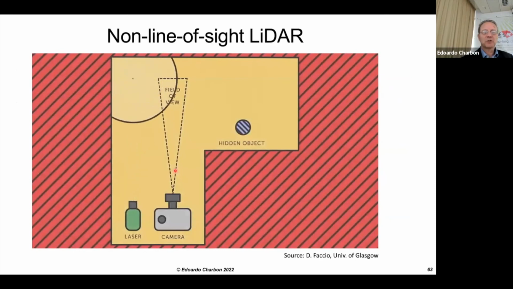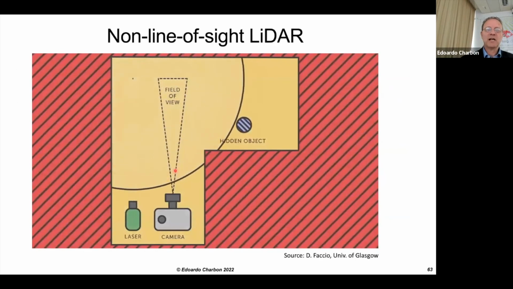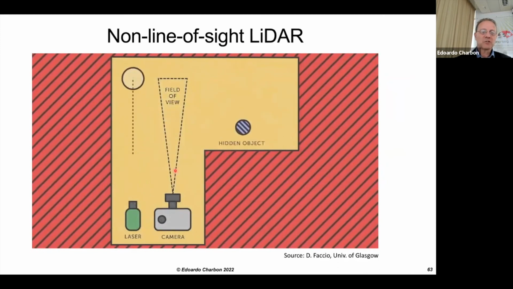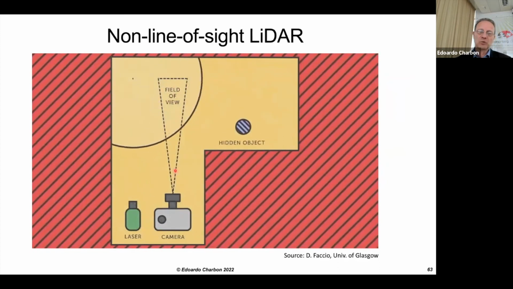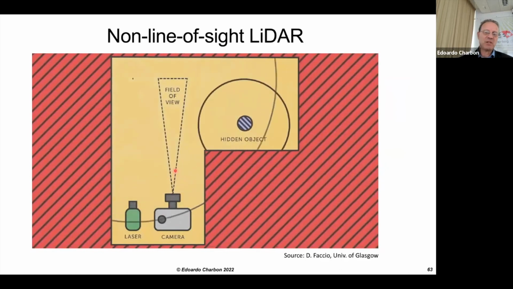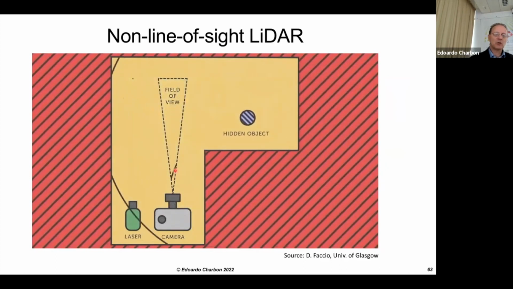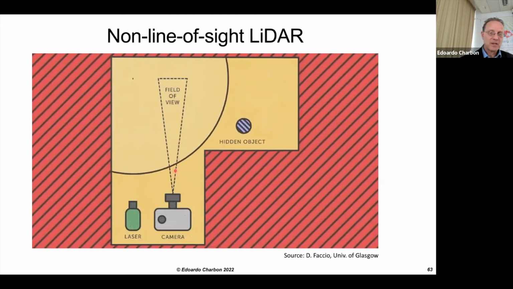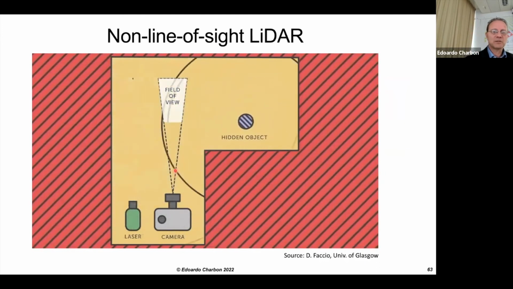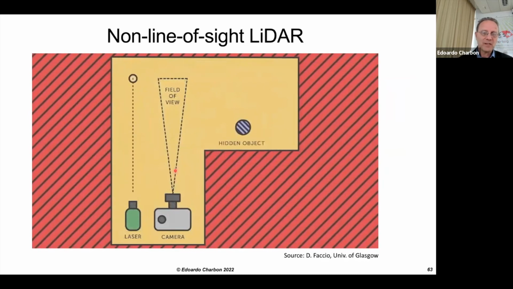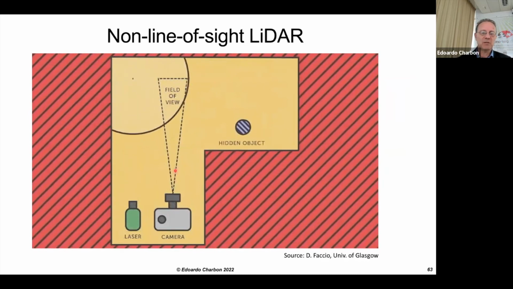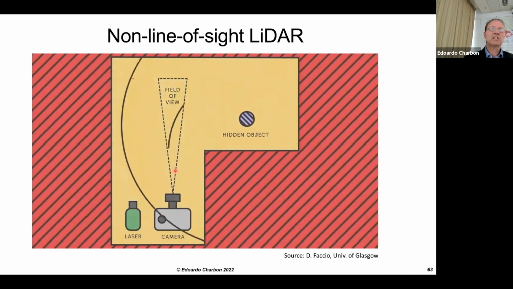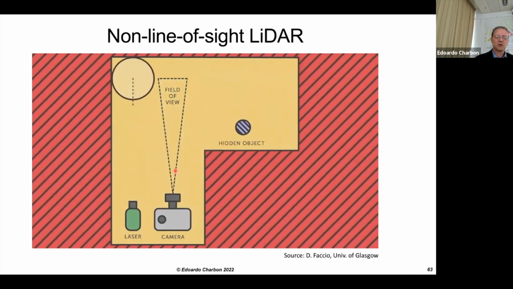Another application for which this quantum LiDAR approach could be very useful is the so-called non-line of sight. So suppose that you want to find objects that are behind a wall, and all you have at your disposal is a source that is reflected onto various walls. So you want to reconstruct complex reflections and multiple reflections over walls in such a way that you can predict what is behind the corner.